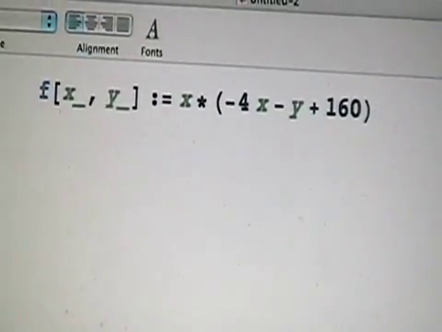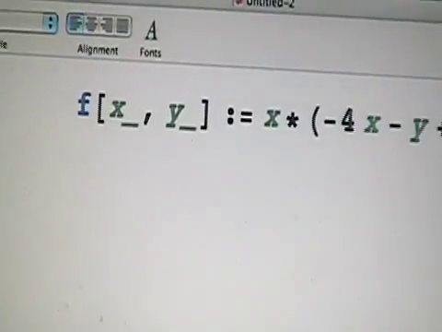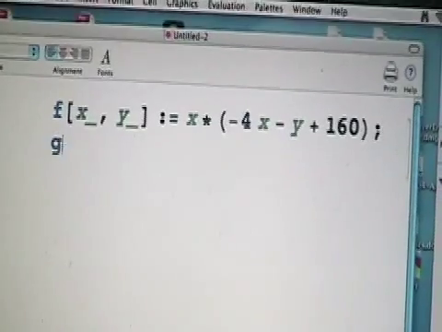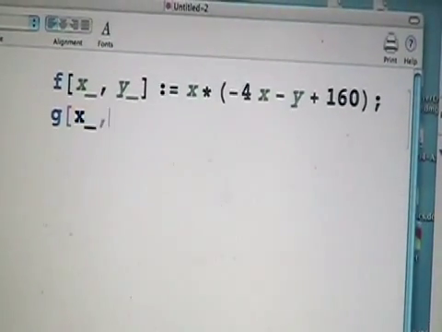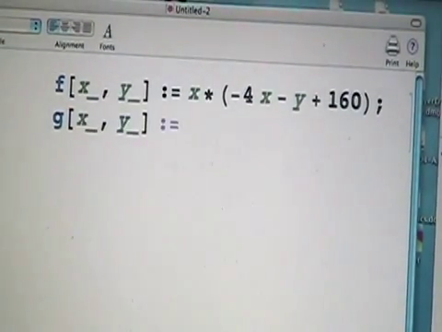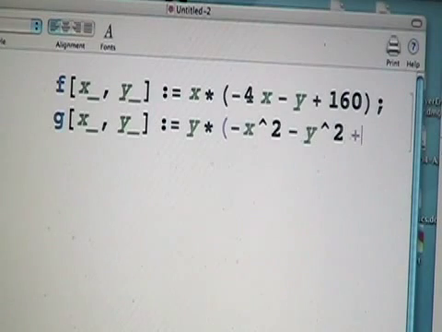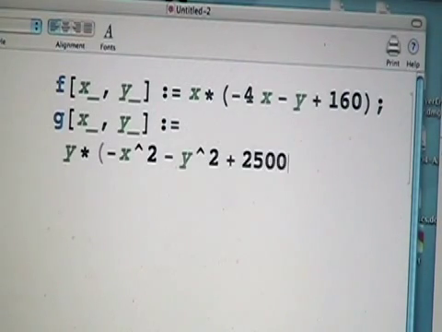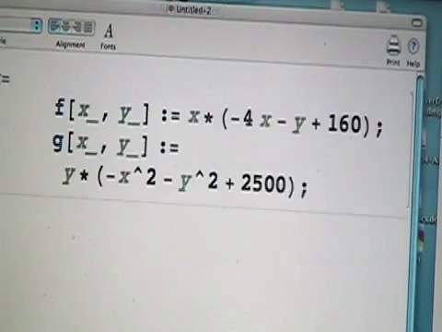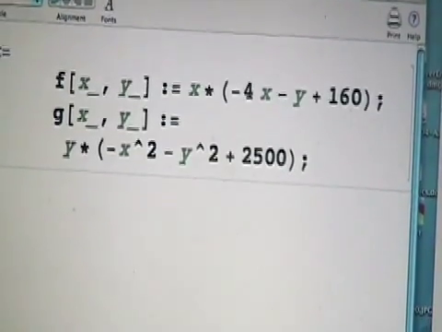That will be the first component of the vector field. g of x, y is y times the quantity negative x squared minus y squared plus 2500. All right, so those functions are entered.